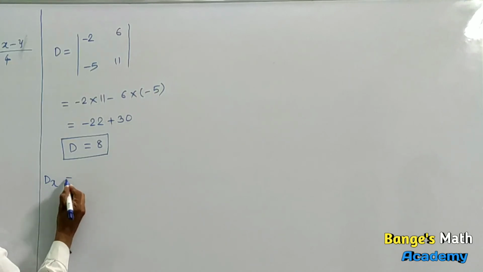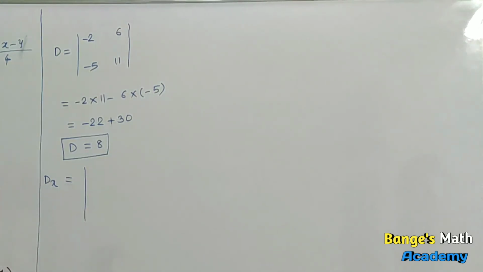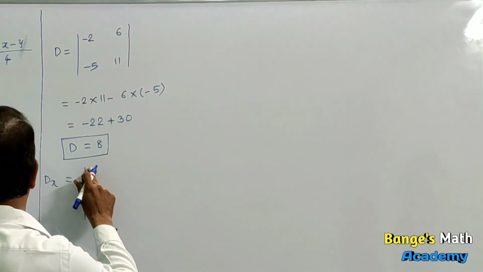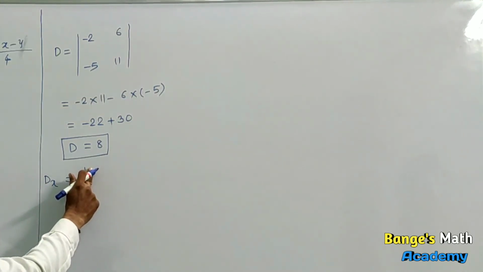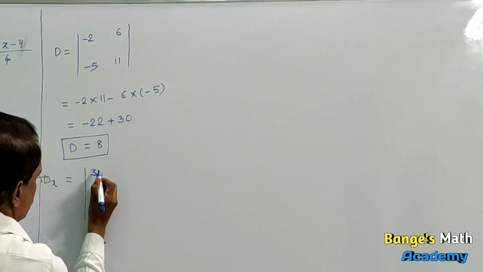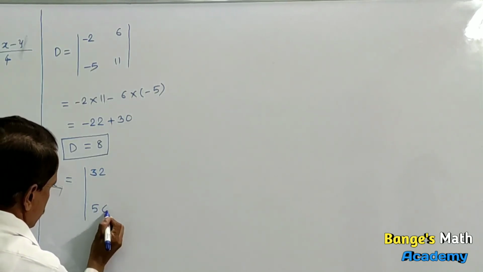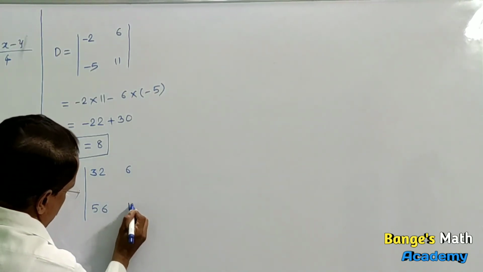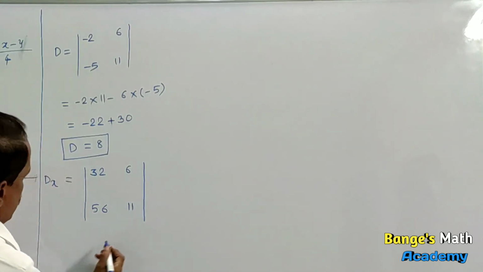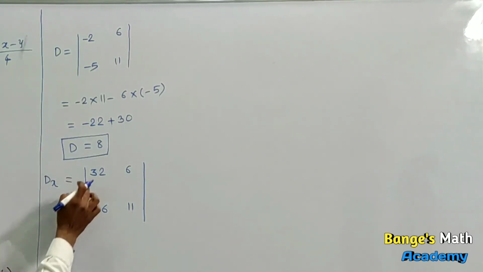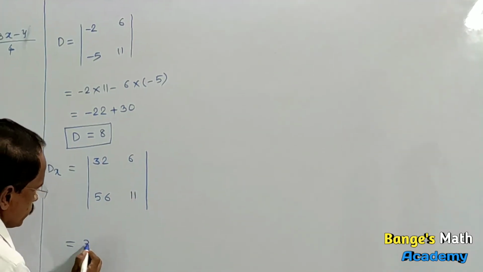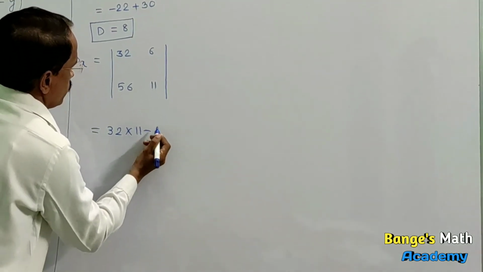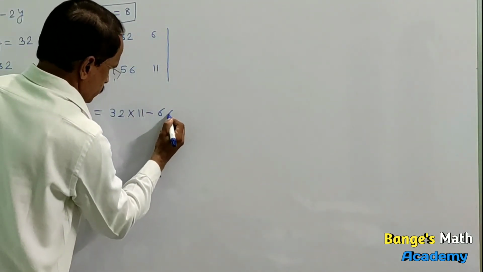Then find dx. In first column, neglect coefficients of x and replace it by constant terms: 32, 56. In second column, write down coefficients of y: 6, 11. Then simplify this. 32 into 11 minus 6 into 56.